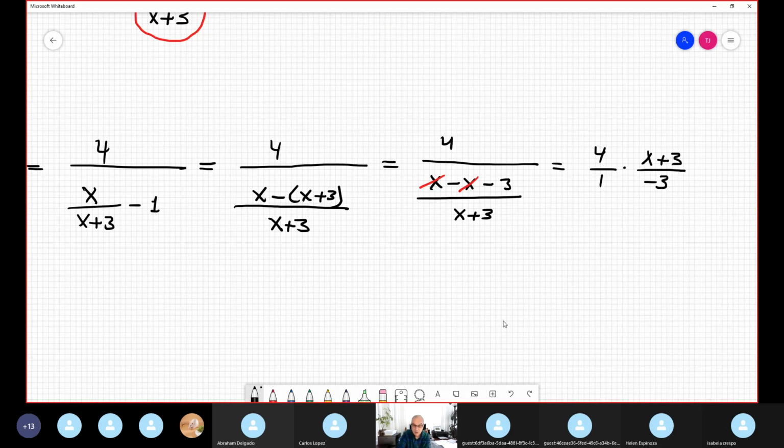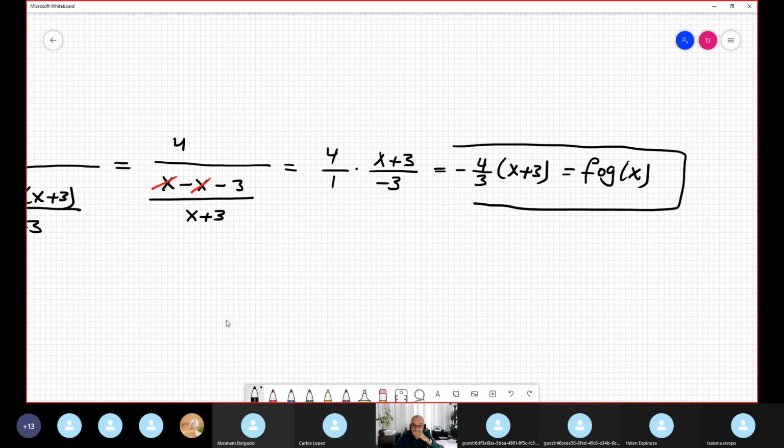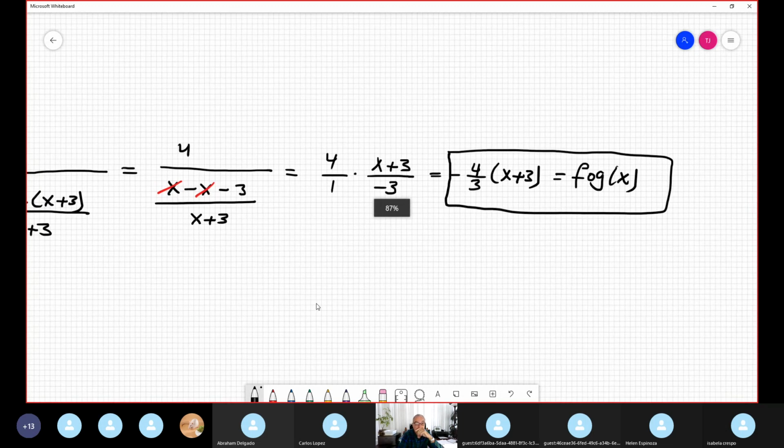So actually it is negative 4 over 3 parenthesis x plus 3. You can leave it like that. Okay, this represents the function f composition g of x in this order.